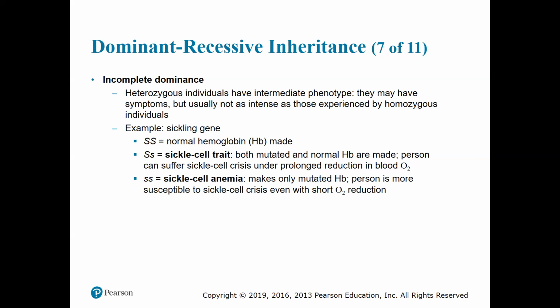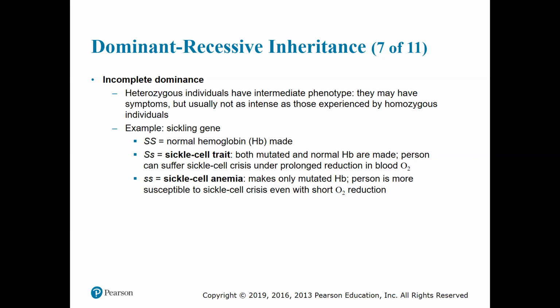These are patients who may live with sickle cell trait for a long period of time and, until they put themselves in a hypoxic state, never knew that they carried the trait. Sickle cell anemia is when you carry both homozygous recessive traits, and then you're only making mutated hemoglobin. The person is much more susceptible to sickle crisis, even with a short reduction of oxygen, because all their cells are creating this mutated hemoglobin form.